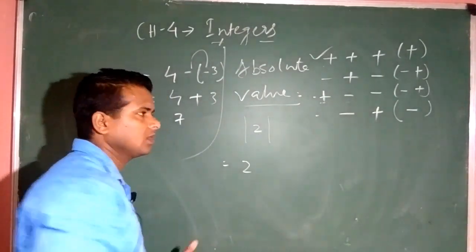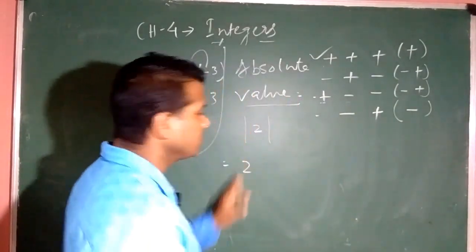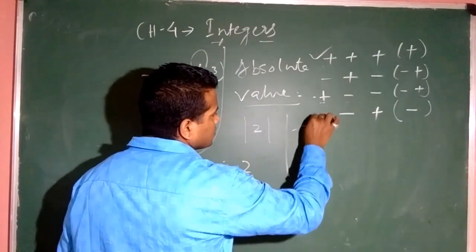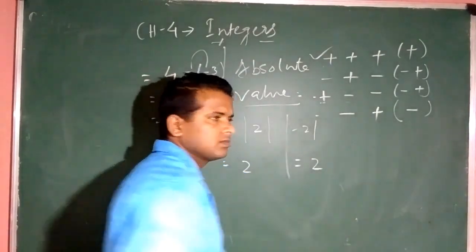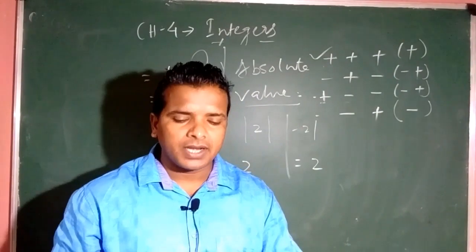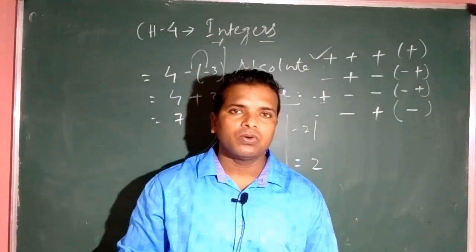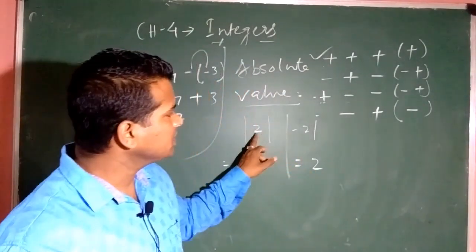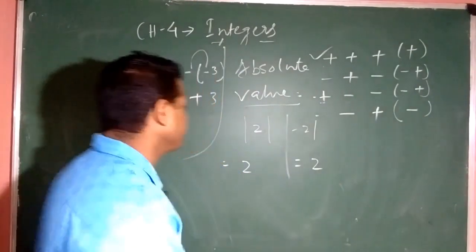It is 2. This is the symbol we use for absolute. If it is minus 2, what is the absolute value of minus 2? Plus 2. The absolute value of any number cannot be negative, it should always be positive. If the number is positive, the answer is positive. If the number is negative, the answer is positive.